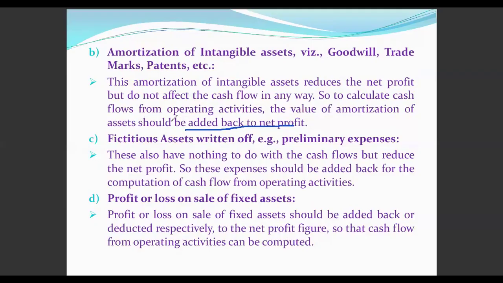If any accumulated expenses, like accumulated loss or capital expenditures, I want to set off, they will not directly affect the cash flow. It's a mere adjustment out of the profits. But this adjustment will not give me the correct operating profit, and hence, to get a correct operating profit, these expenses are again added back.